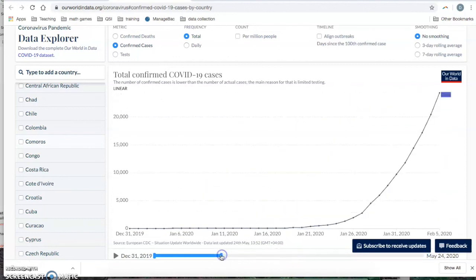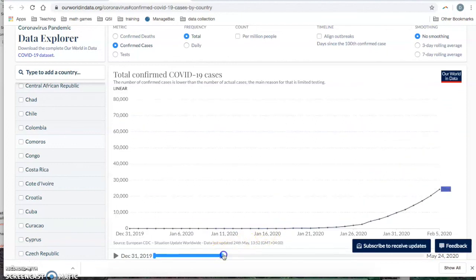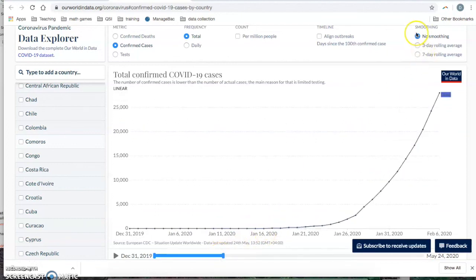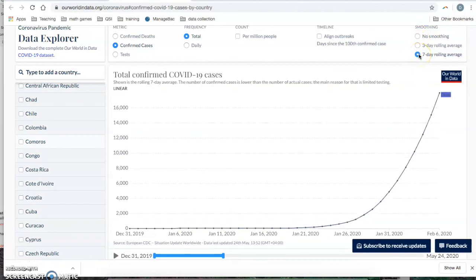So we get a nicer picture like that. Maybe I'll go a little bit further. And to make it a little bit more smooth, we can use this 7-day rolling average feature, and that makes it nice and smooth.